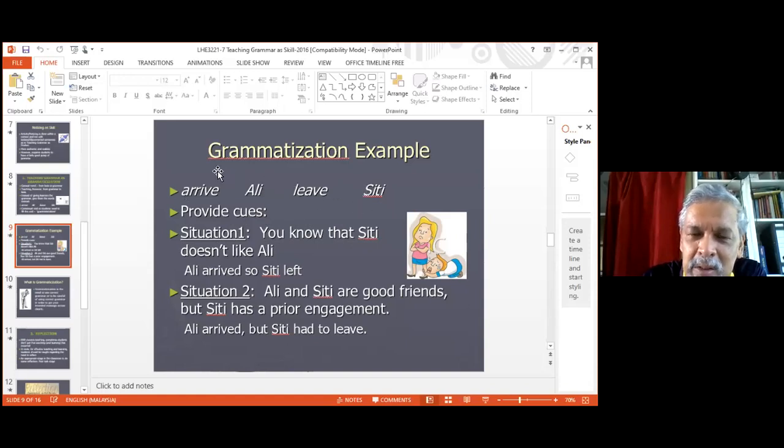So you have to use the grammar to do that. That's where grammaticization comes in, not grammatization, grammaticization.